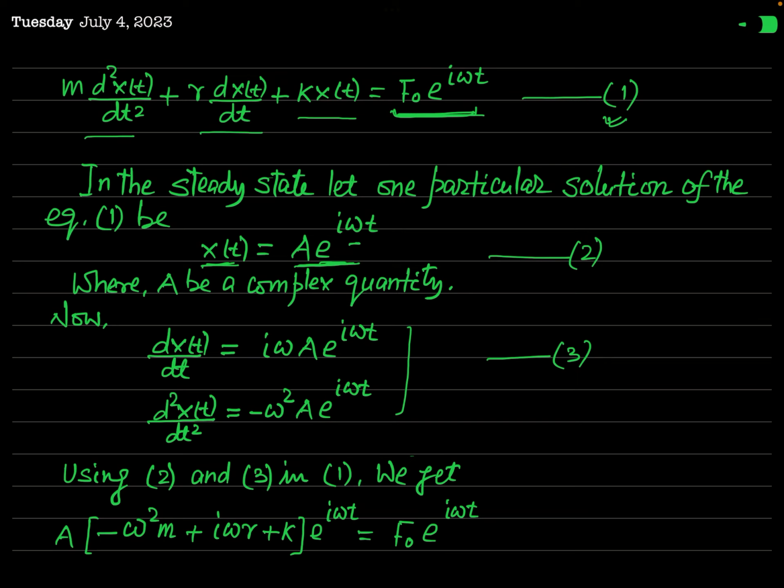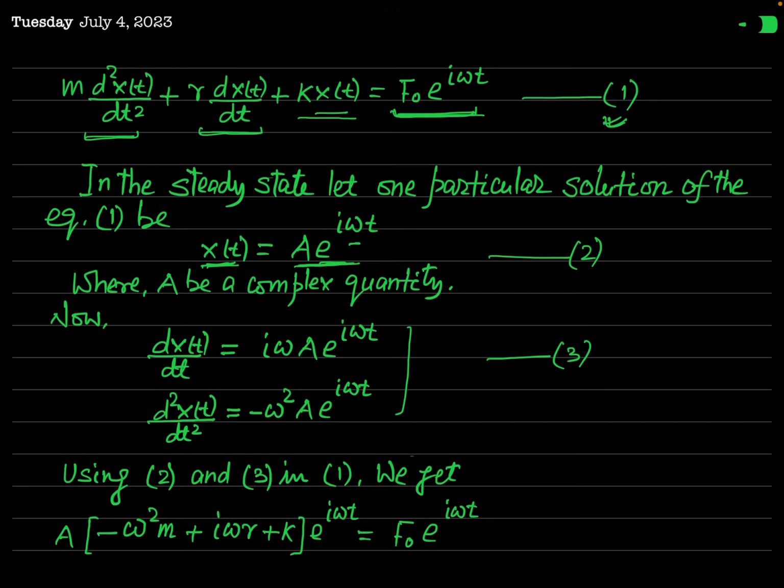Now we have defined x of t, but our equation of motion consists not only of x of t, but also of the first order derivative of x and the second order derivative of x with respect to t. So now let us first find these two derivatives, and after getting their values we will simply substitute them in this equation 1.